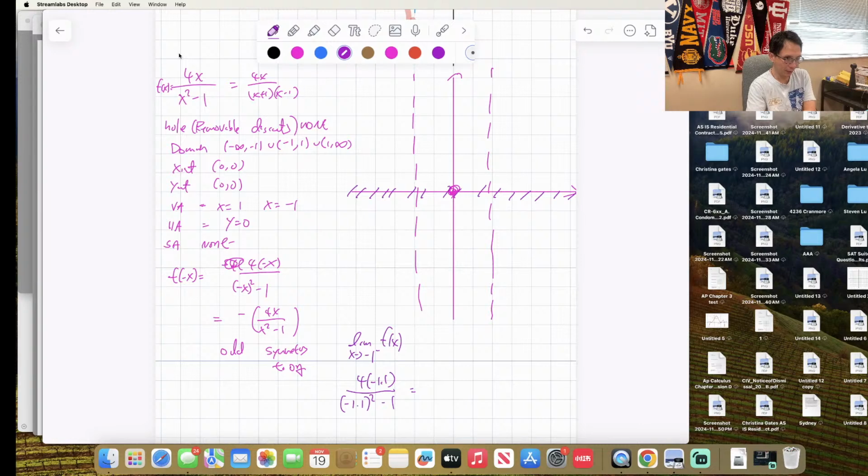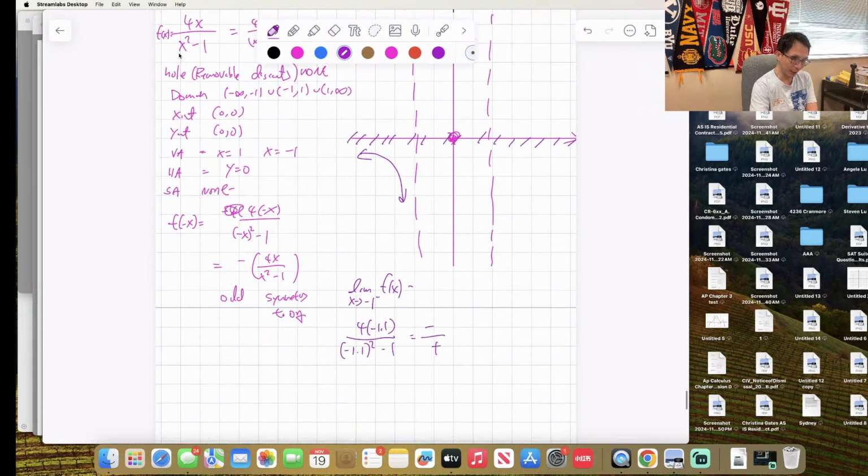So that's going to give you negative over positive, right? So we know it's going this way. You have two options. Are they here or are they here? Which one is it? The one that's going to go down, right? Is that okay? So this one's going to go to negative infinity.